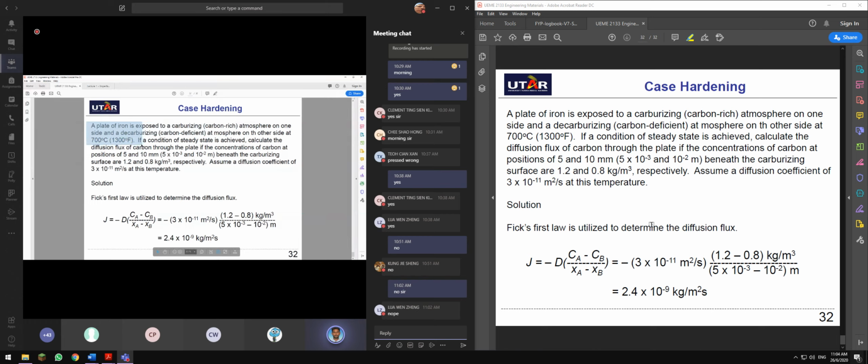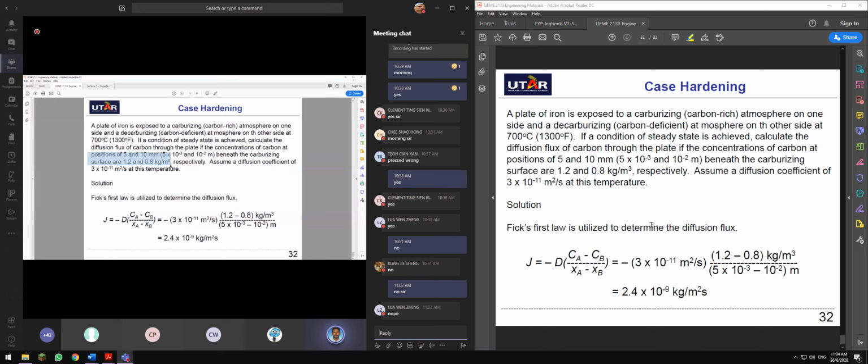Now the question is, if the condition of steady state is achieved, calculate the diffusion flux of carbon through the plate if the concentrations of carbon at positions of 5 and 10 mm beneath the carburizing surface are 1.2 and 0.8 kilogram per meter cube.